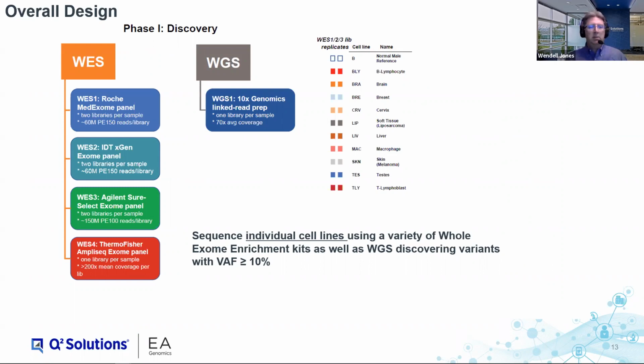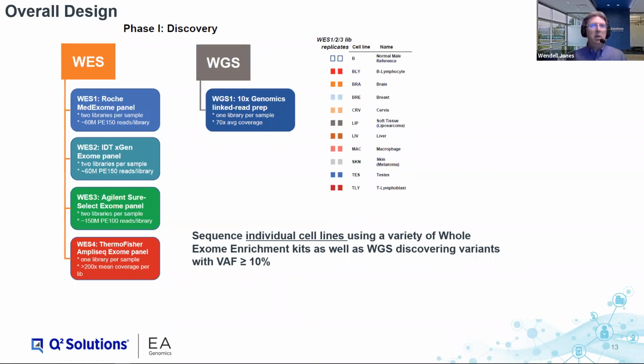That includes number 1, the Roche MedExome panel, a whole exome panel that was used to interrogate the individual cell lines that make up what eventually would be the pooled sample A. For the Roche MedExome panel, for the IDT xGen exome panel, and for the Agilent SureSelect exome panel, we decided to run these at very high depth because we are looking at both cancer cell lines and ones that may be polyclonal, and may have other interesting properties like being under copy number influence, as I mentioned before.